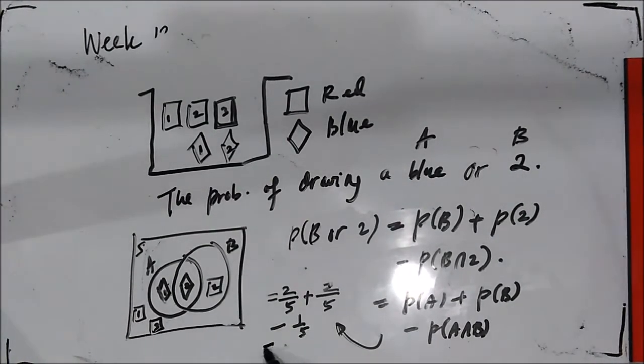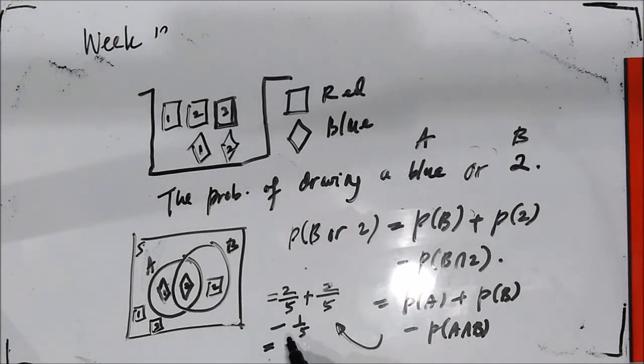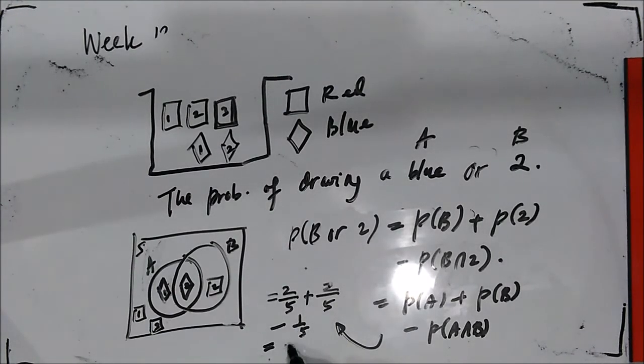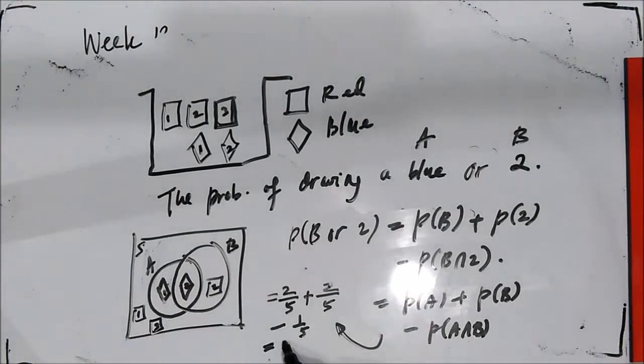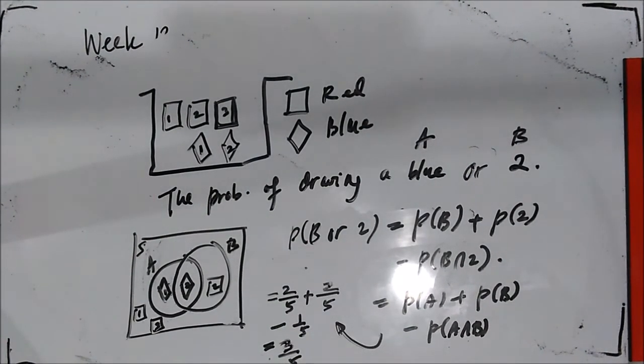That's why we get 4 over 5 minus 1 over 5, which is 3 over 5. So getting blue or number 2 is 3 over 5. This is how we solve the case of non-mutually exclusive events.